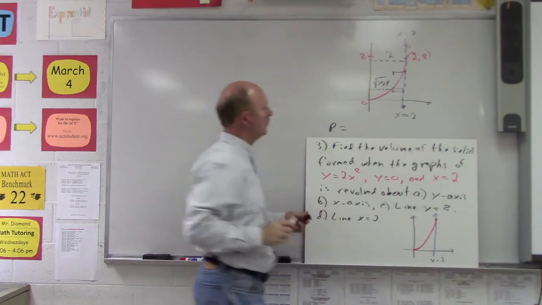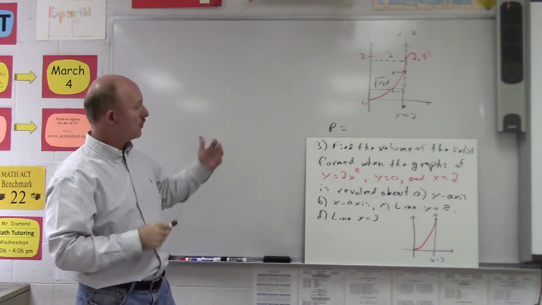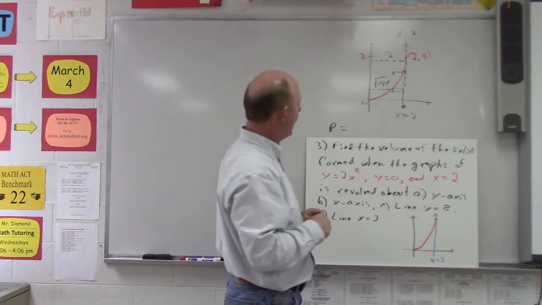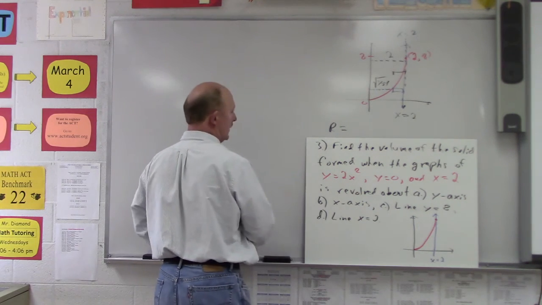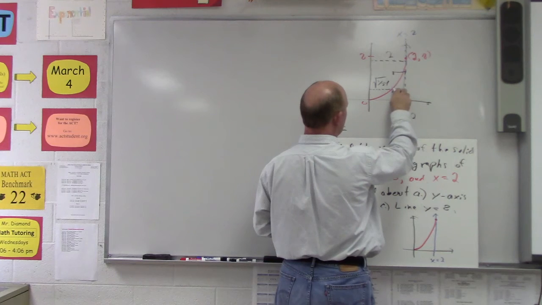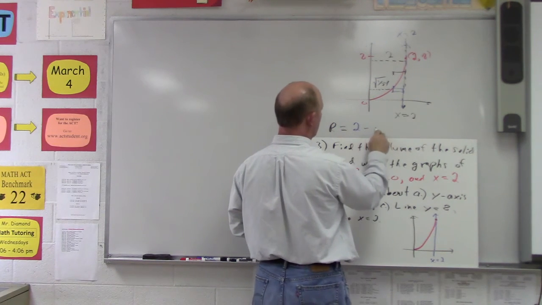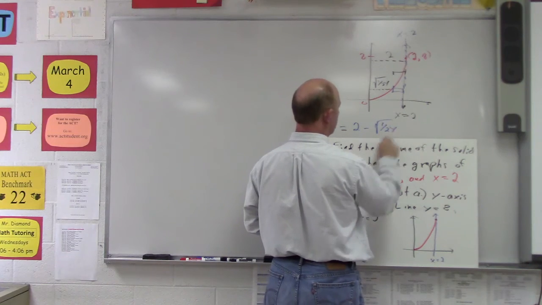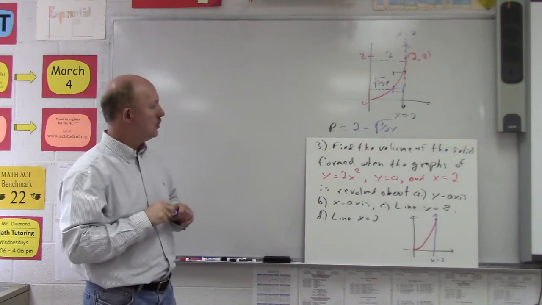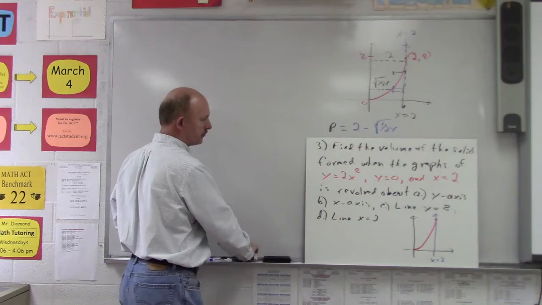So I have to use the y expression, not the x. And that means this rectangle from here to here would have to be 2 minus the square root of 1/2 y. So big R should be 2 minus the square root of 1/2 y.